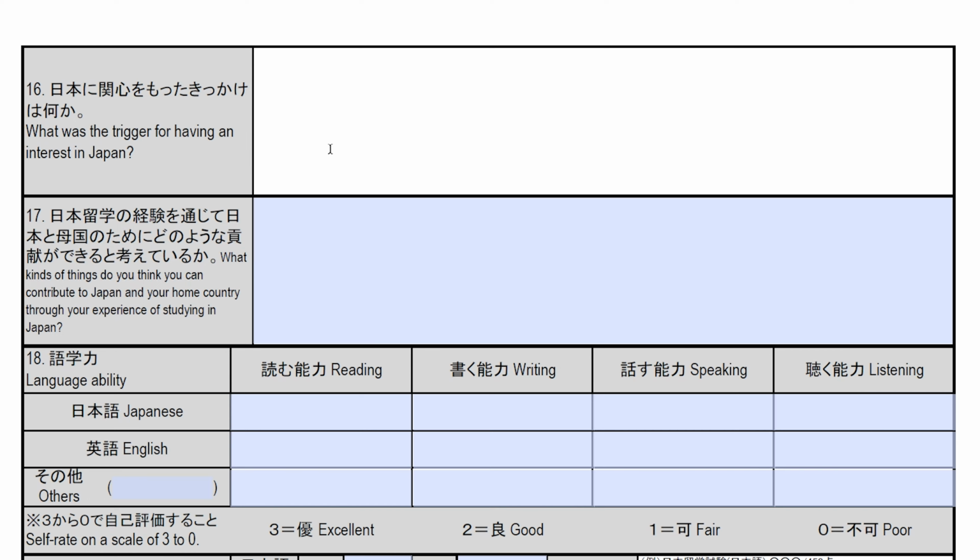If you just answer anyhow, you miss out. It might look small, but this is one of the most important areas when you are making the application. So be very careful. Make sure you have researched enough, whether it's something to do with your course, but there is an element of Japan.